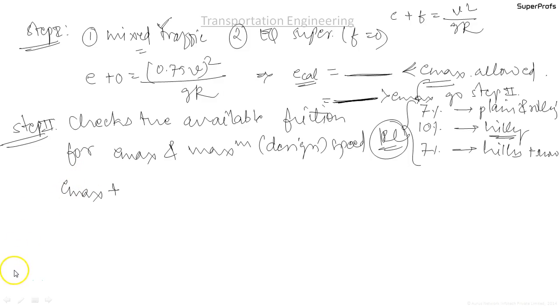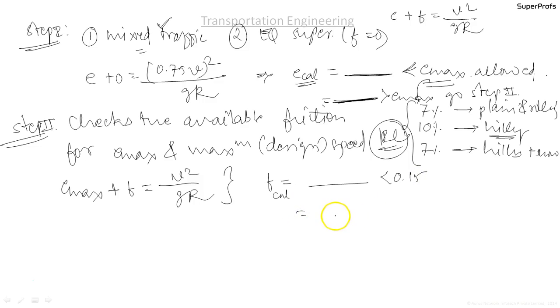So step number 2 will be Emax plus F equal to V square upon GR, and check that this F calculated value is less than 0.15.